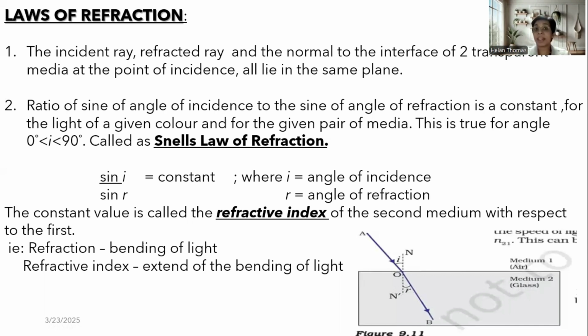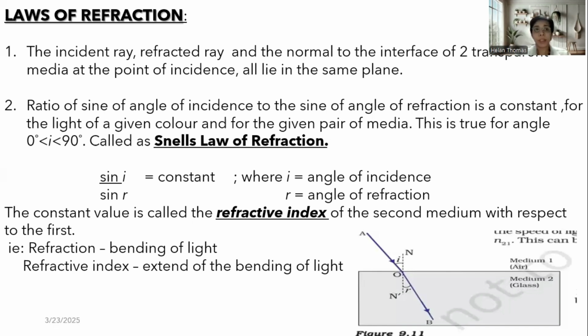The condition for sin I to sin R to be a constant is that it is applicable to light of a given color. So you cannot compare the sin I to sin R of, say, a white light and a red light. If you are looking at white light, your sin I and sin R should be of the same light.